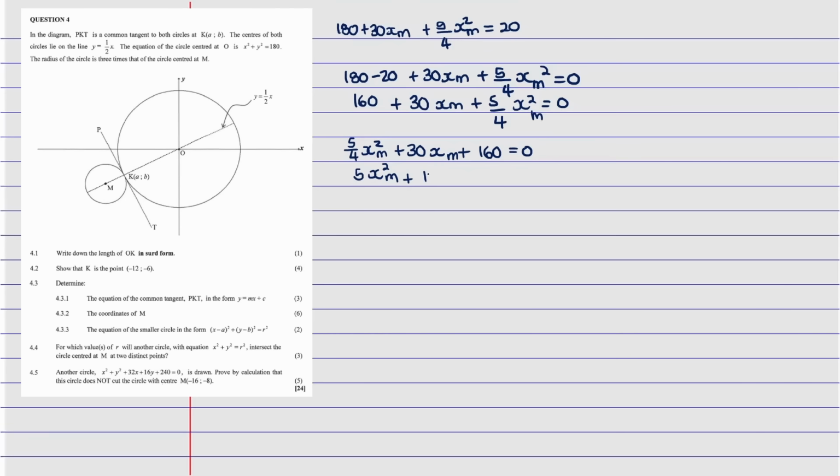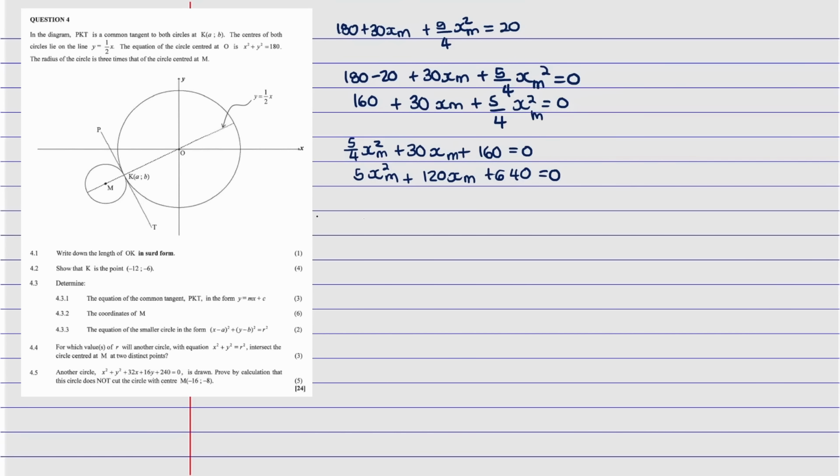So this is going to be 120 xm. Then 160 multiplied by 4, you're going to get plus 640 equals 0.